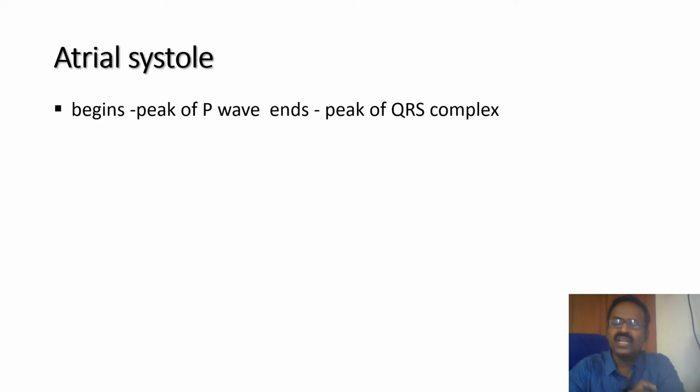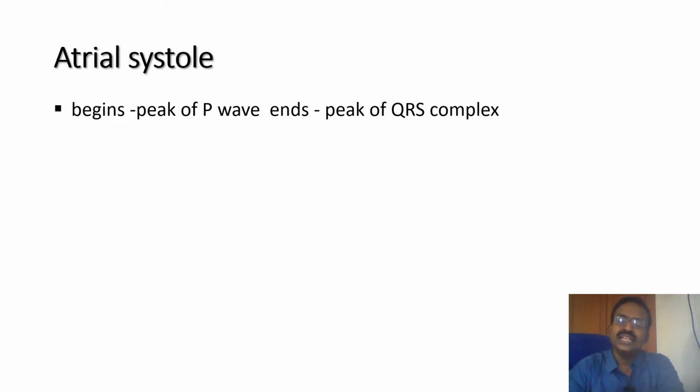It only contributes 20% of the ventricular filling actively. This actively pumps 20% of the blood into the ventricle. 80% of the ventricular filling occurs passively. So atrial systole contributes only 20%, less compared to the passive.